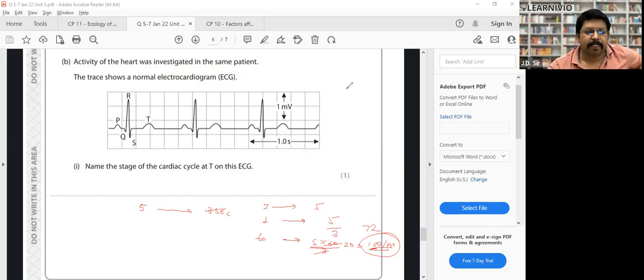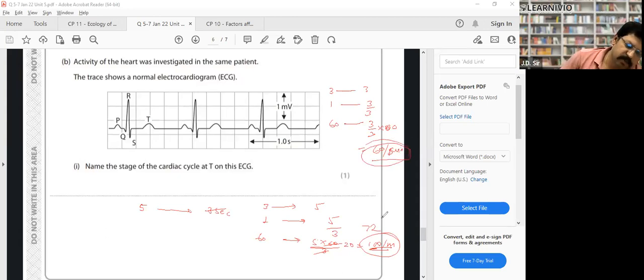Again here, in 3 seconds, just 3 heartbeats. In 1 second, 3 by 3 heartbeats. In 60 seconds, 3 upon 3 into 60. The answer will be 60 beats per minute, right? This is the slower rate of the heart. This is the faster pace of the heart. That's how we can calculate the heartbeat from the ECG. Got it? Yes.